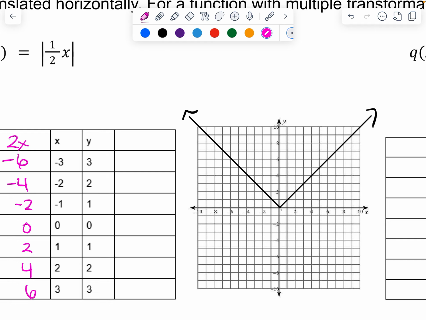So negative 6, 3. 1, 2, 3, and 6, 3. Negative 2, negative 4, positive 2, 4, positive 2, negative 2, negative 2, 1, and 2, 1, and then 0, 0.